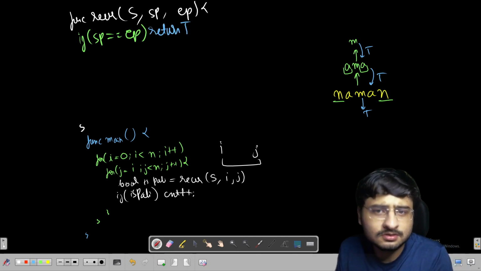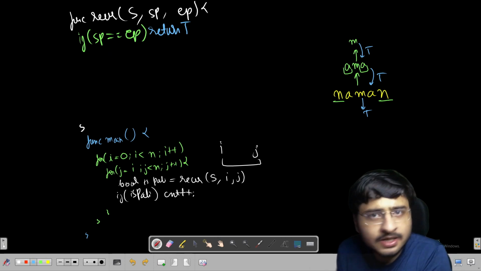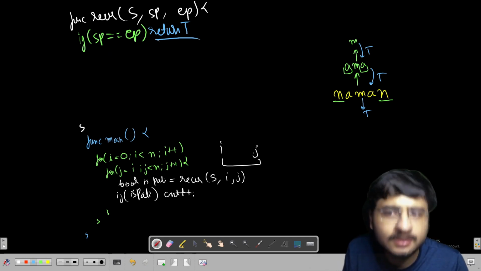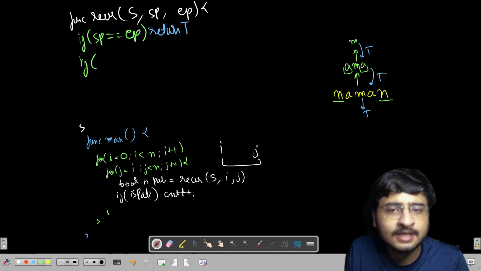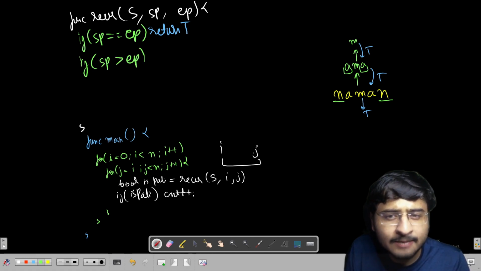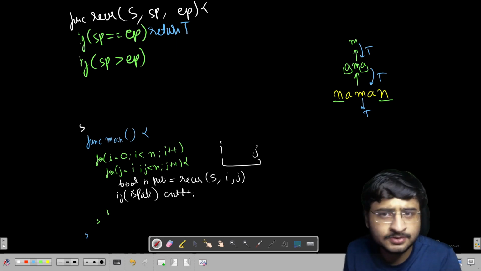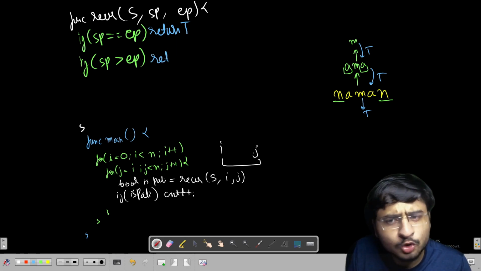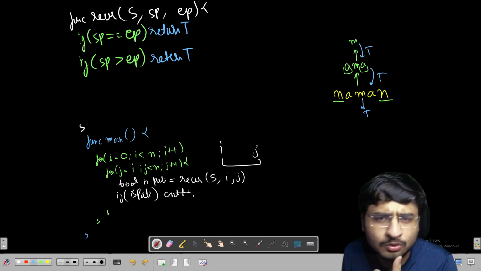Why? Because that is a string containing only one character, which is both the starting point and the ending point. If the starting point becomes greater than the ending point, it means I have nothing in my string, so I'll return true from here as well, because an empty string can be considered a palindrome.